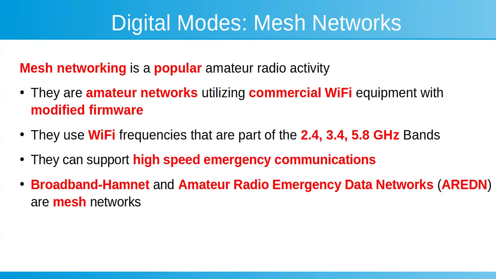Most of them are in that 2.4 or 5 gigahertz anyway. Somehow up the power a little bit and interconnect them with other routers and form a mesh network for amateurs.